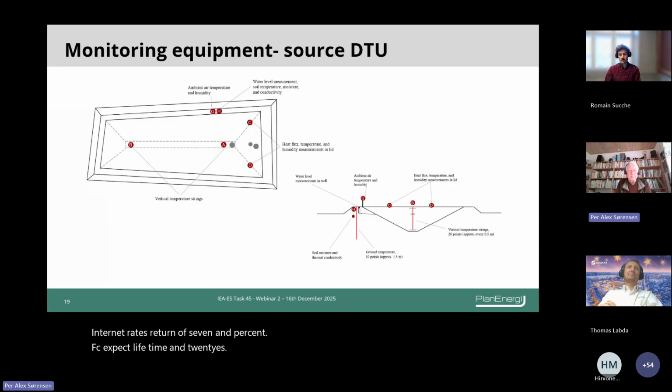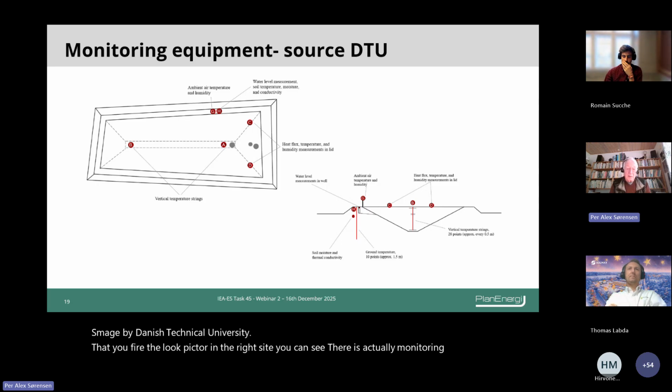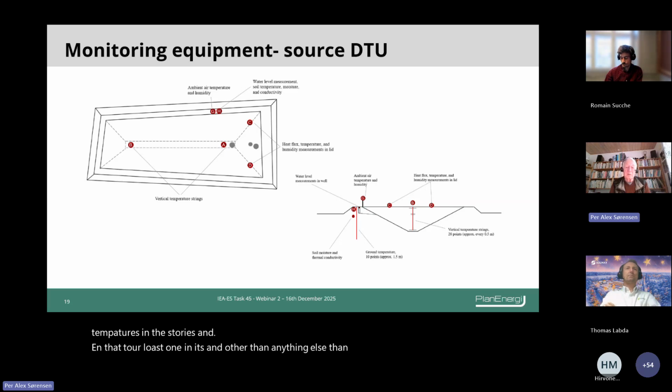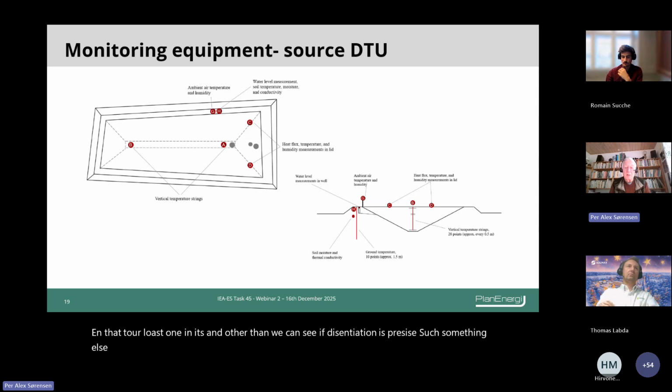There's a monitoring system, and this is made by Danish Technical University, and if you look at the picture on the right side, you can see there are actually monitoring of the temperatures in the storage, and there are two of those, one in each end, and then we can see if the stratification is precise or not, and it's very precise, even if you have in and outlet in one end.